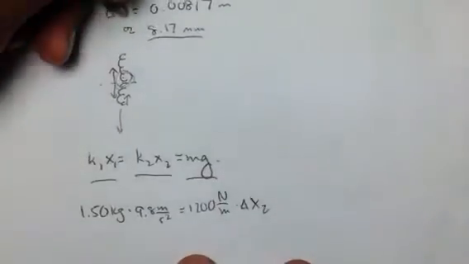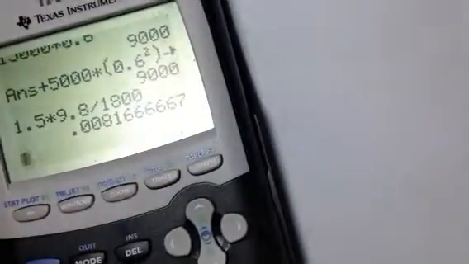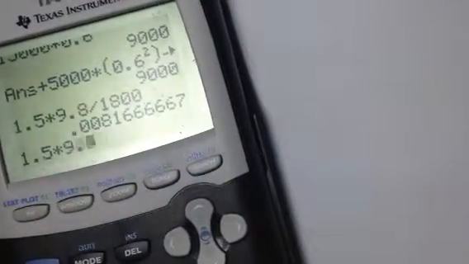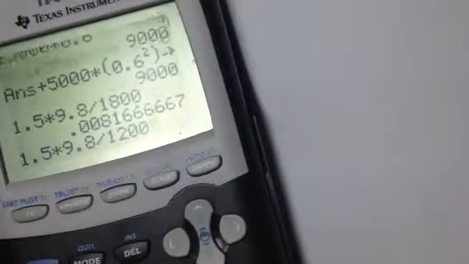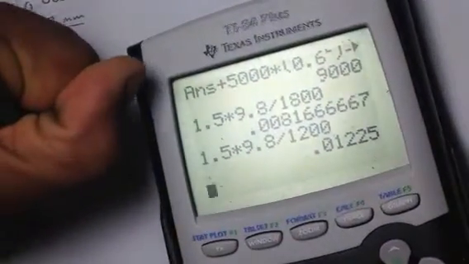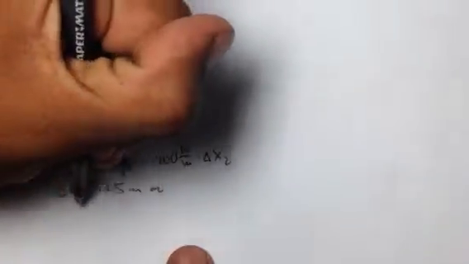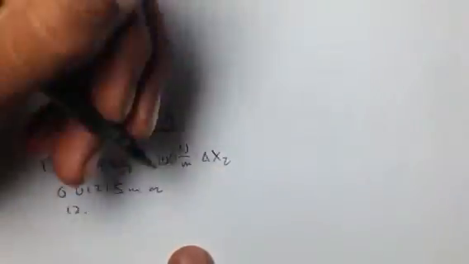Okay, so delta x2, let's put this in our calculator: 1.5 times 9.8 divided by 1,200. Ooh, so that's 0.01225 meters, or that is 12.25 millimeters.